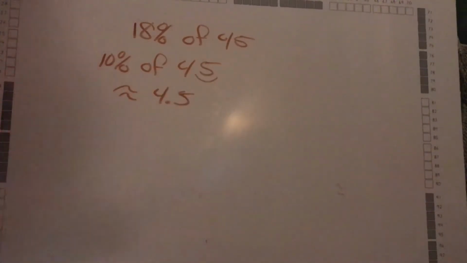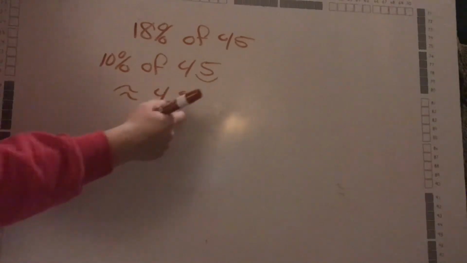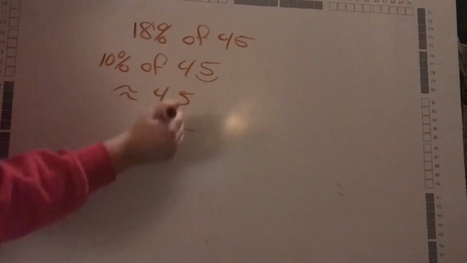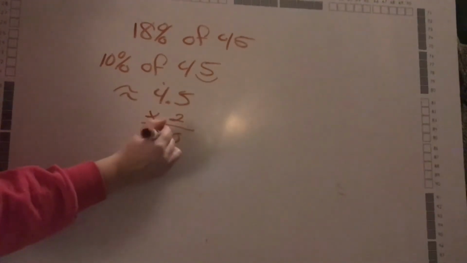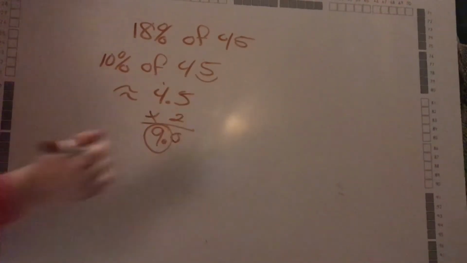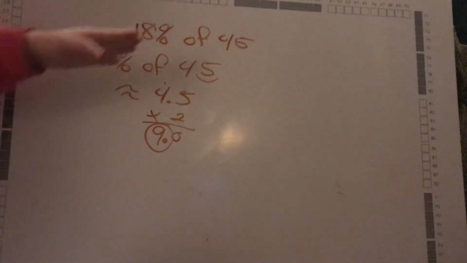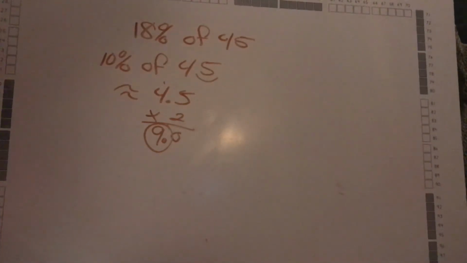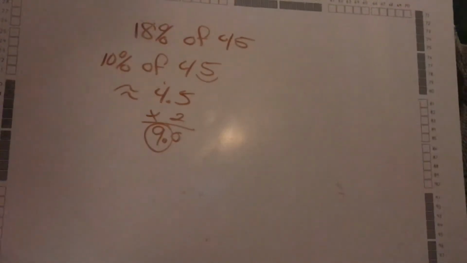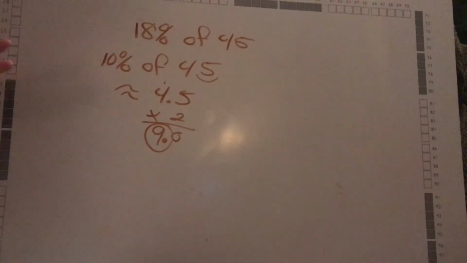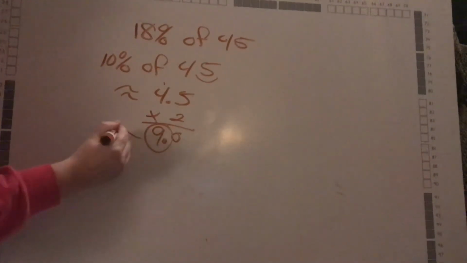Remember, we just moved that decimal one spot. Well, 4.5 times 2 is going to be 9. So about 20% of 45 is 9. Okay, so 18% is going to be a little bit less than that, but we're just estimating. So it's going to be around or about 9.